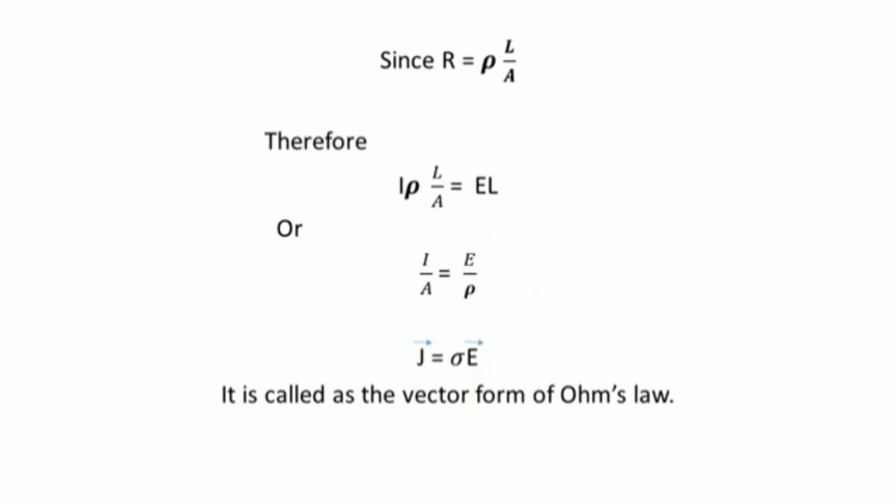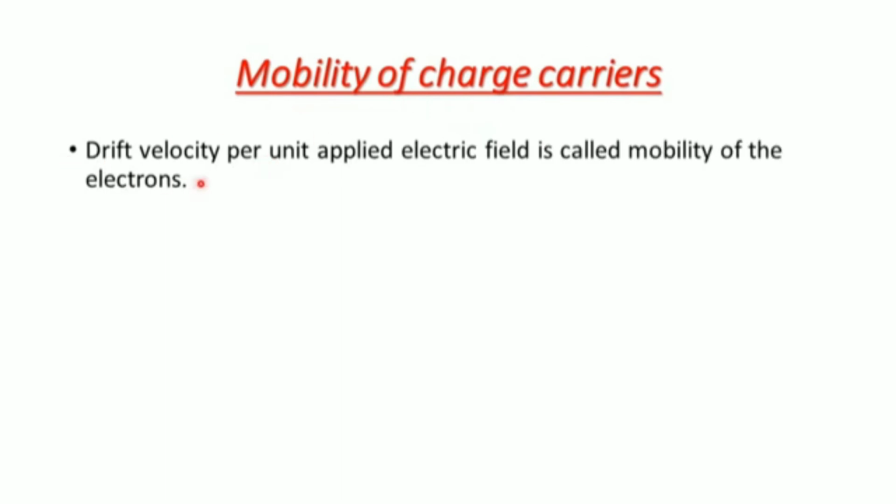Now we will learn about mobility of charge carriers. What is mobility of charge carriers in a conductor? It is defined as drift velocity per unit applied electric field. We know that on applying electric field across the length of the conductor, the charge carriers start moving towards the positive terminal of the battery.